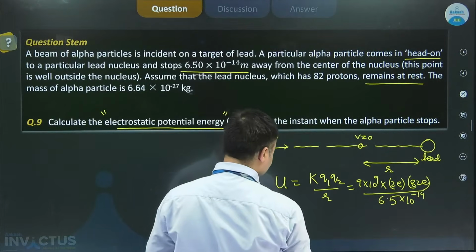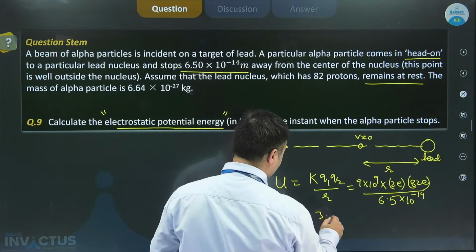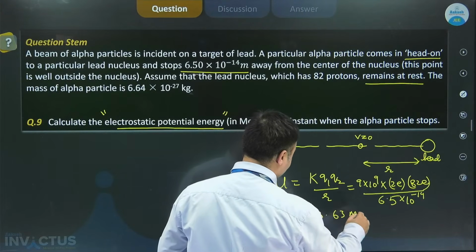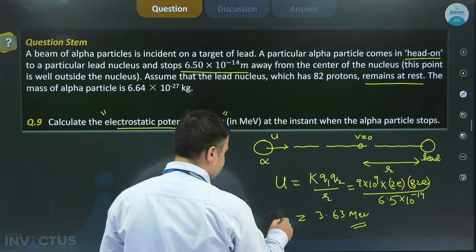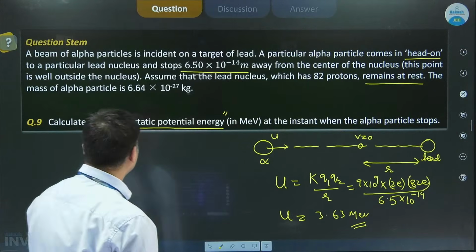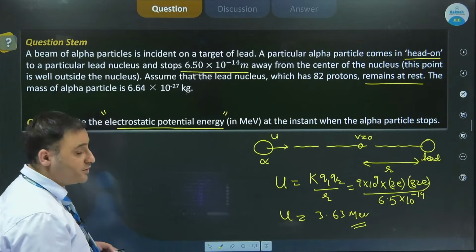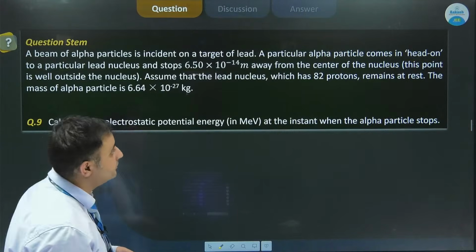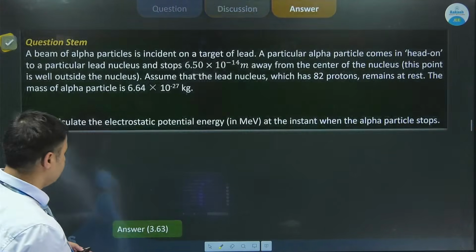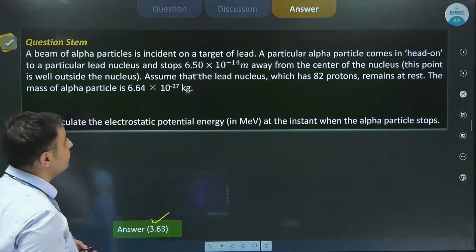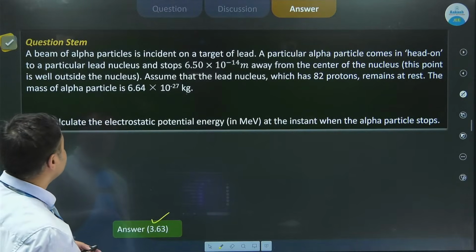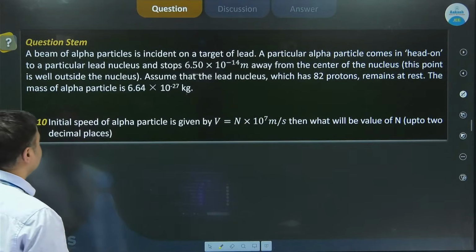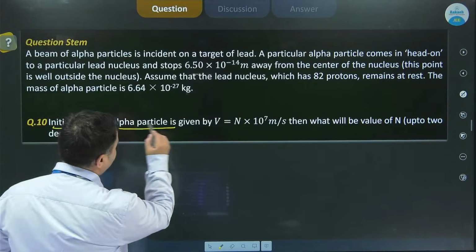On solving this, it comes out to be 3.63 MeV. So the electrostatic potential energy will be 3.63 MeV. Now let's see the answer, 3.63 MeV.